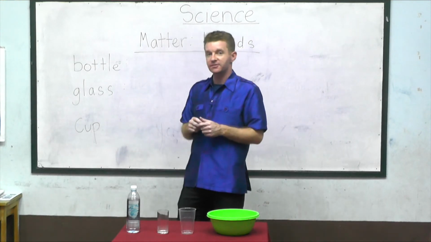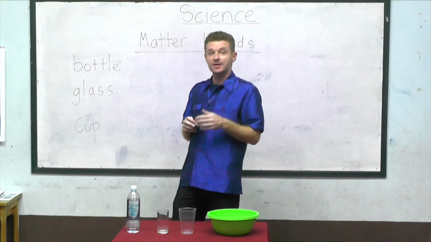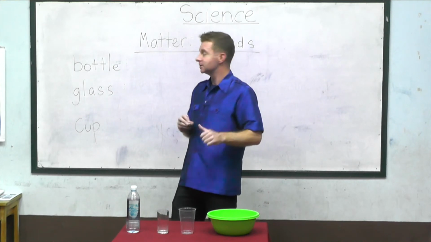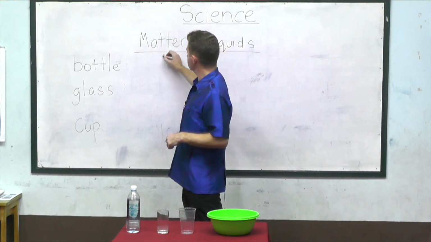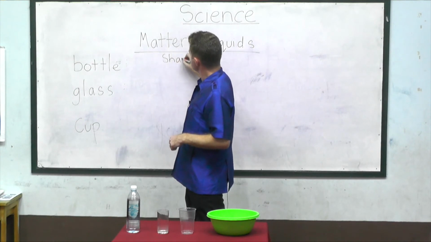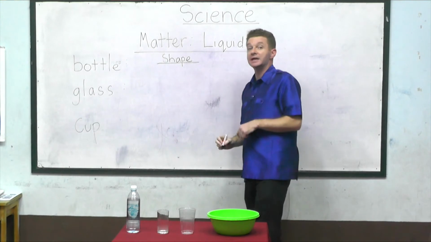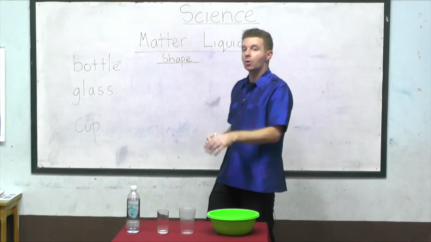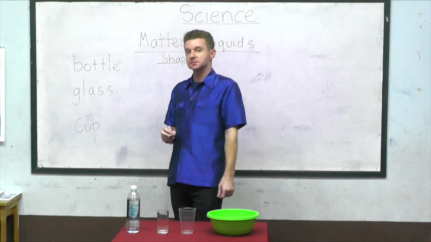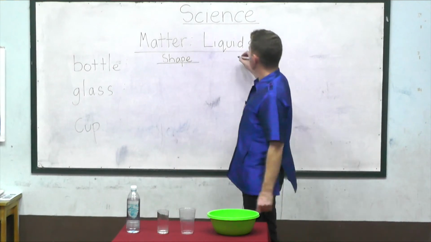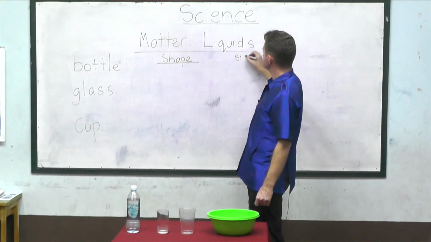And the 3 tests we're going to be doing are the same ones we did for the solids. So first of all, we'll be looking at shape. We want to know if the shape of the liquids will change when it goes into different containers. And then we want to know about size.